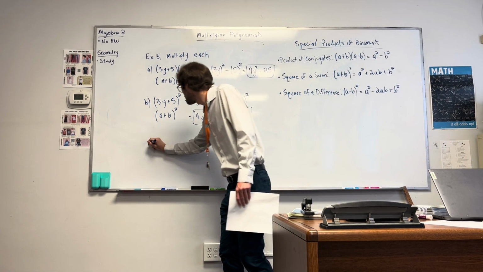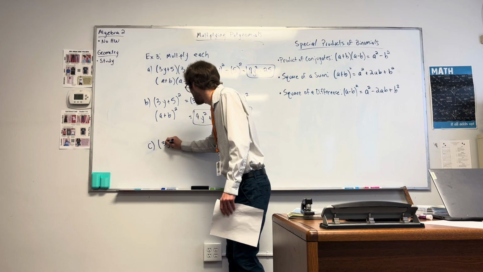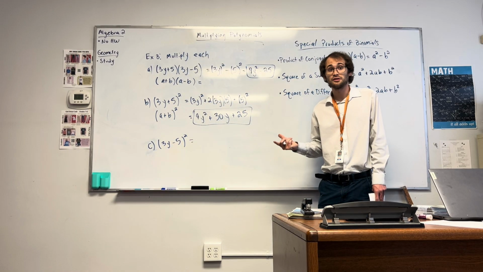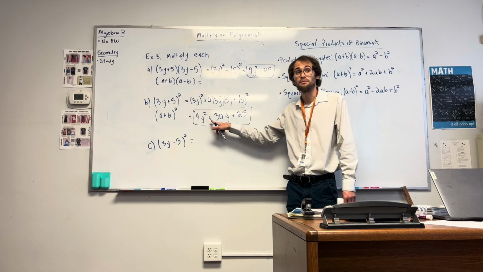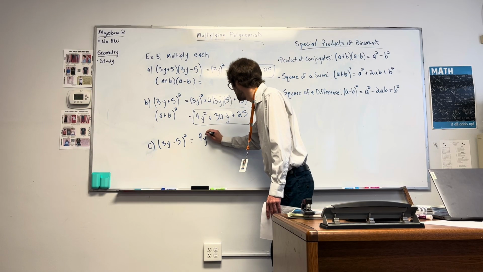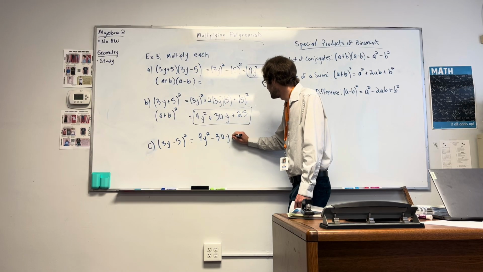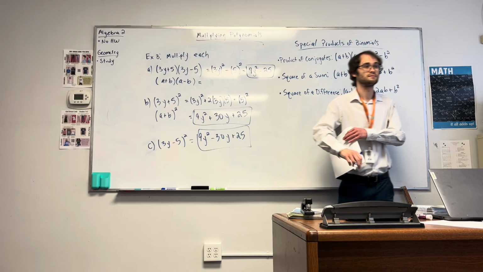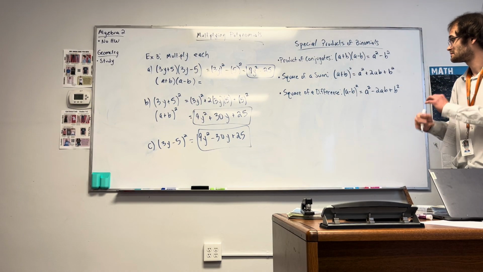So if we change this to 3y minus 5 all squared, literally, the answer is as simple as changing that from plus 30y to minus 30y.